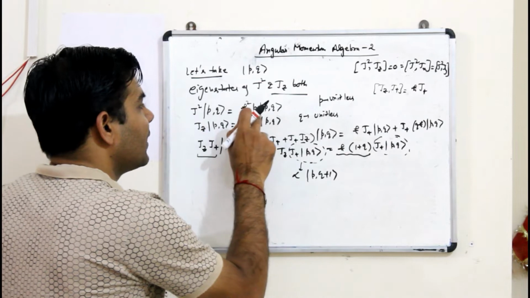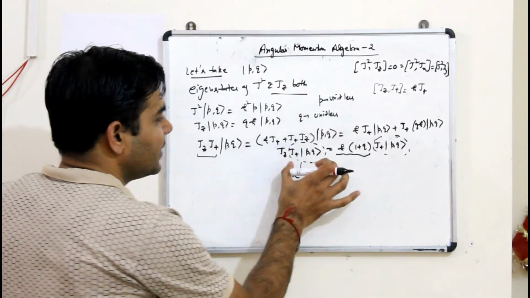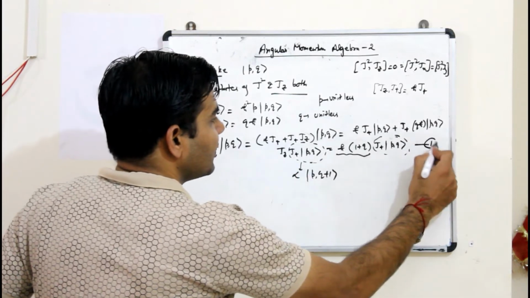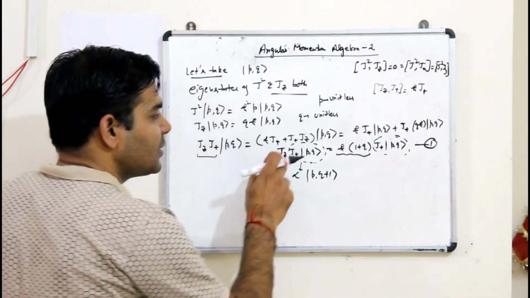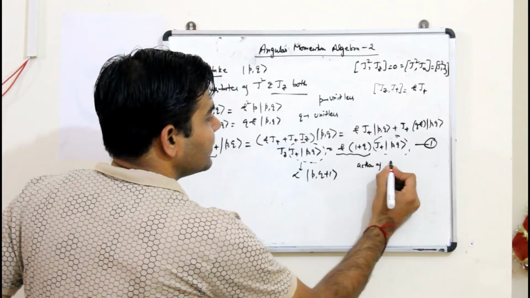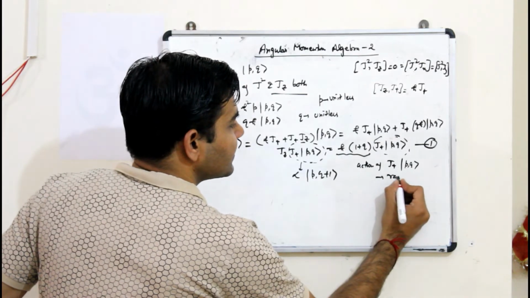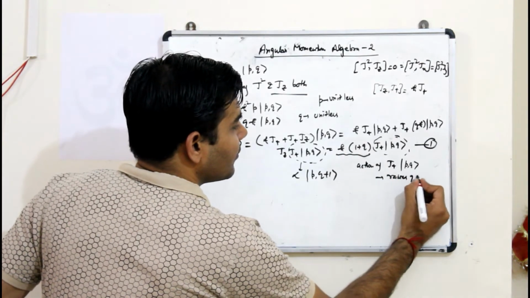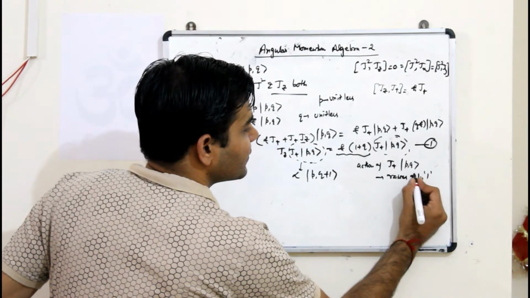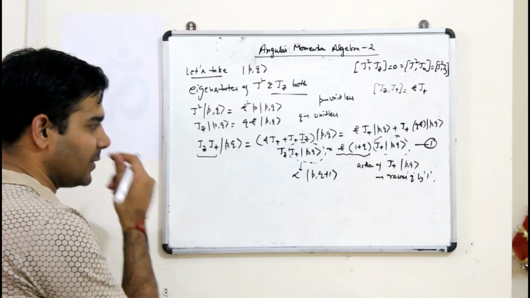Similarly, J square acting on this gives me p, not q. So we conclude that the action of J plus on |p,q> raises q by 1. That's why it is called the raising operator. It raises the q index by 1.